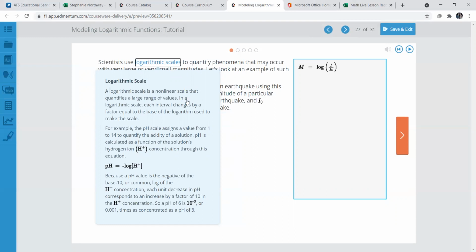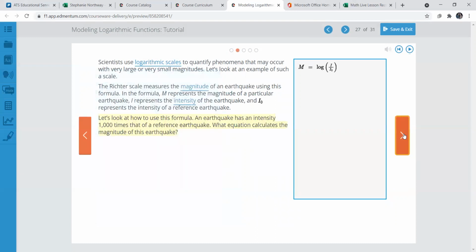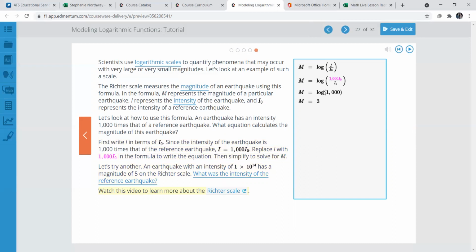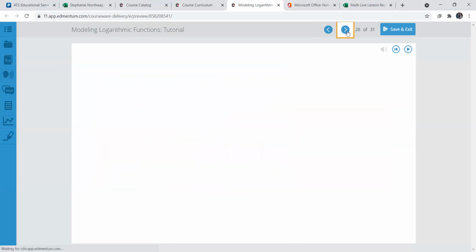So what that means is it covers a larger range of values, from super small to super large. Think of the example of earthquake intensity. We can learn more about that later.